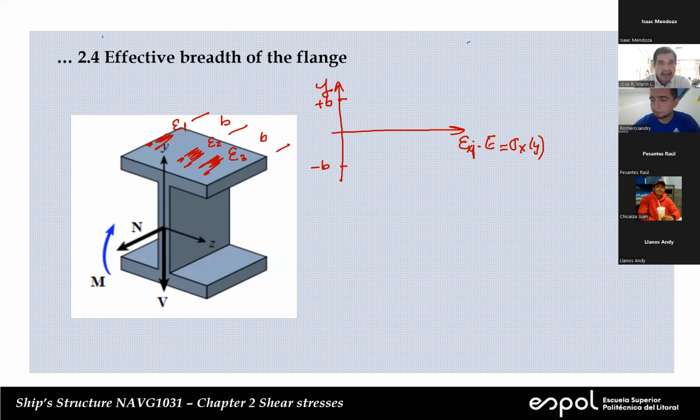Now this epsilon 1 is very close to this point. It's not exactly on the edge, so we have to be careful. Let's suppose that I have a value here. Let me put it positive, even though, well, let's change sign. So it's going to have a positive value. In the central part, probably it's going to be larger than that. And on the other side, we're probably going to have something like this.